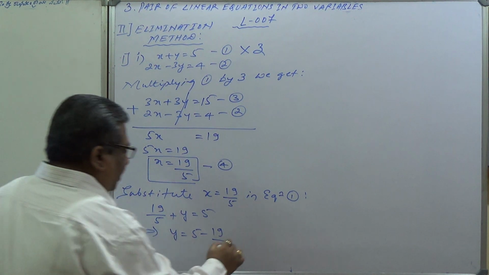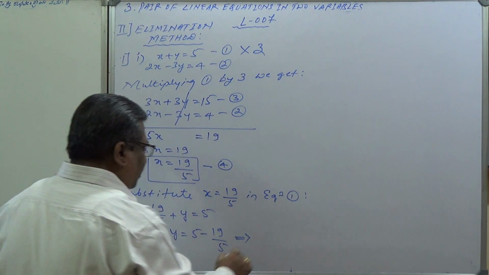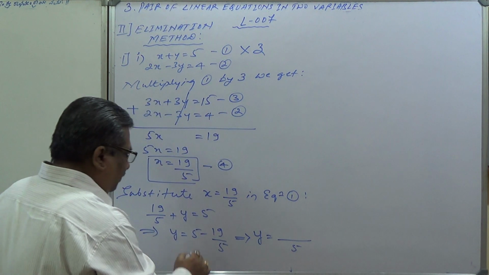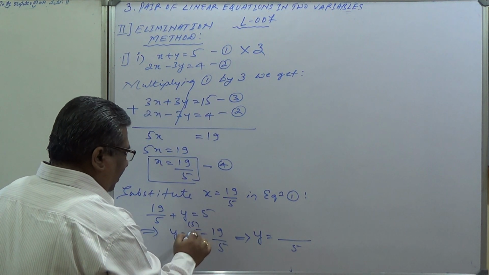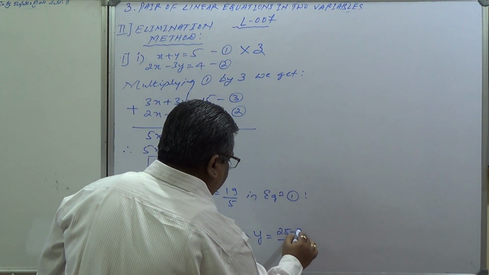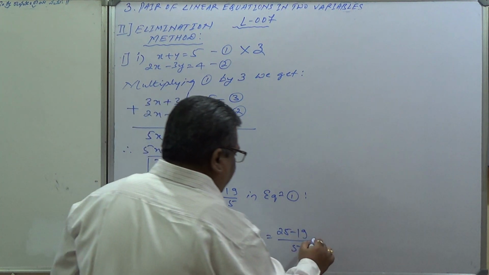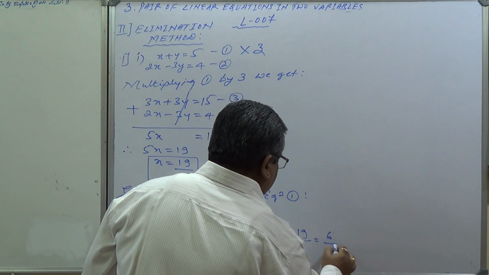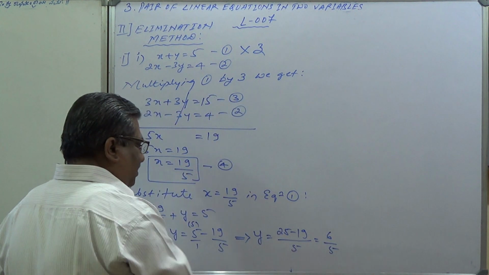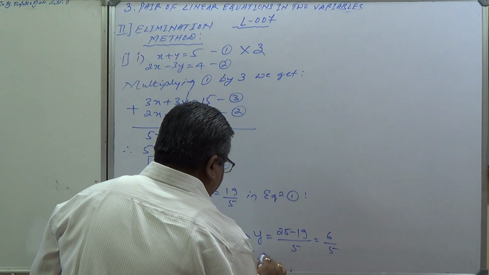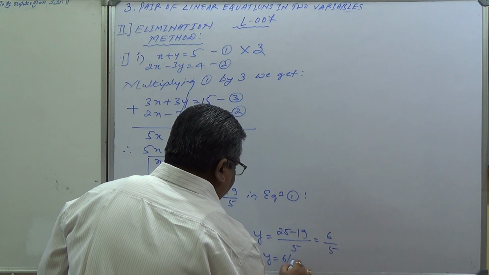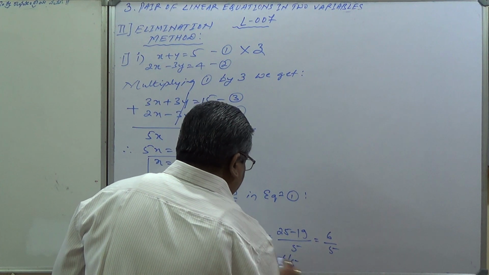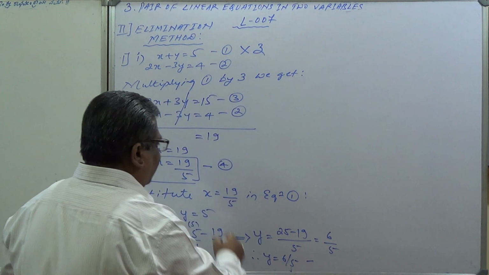This implies y equals, take LCM as 5, 5 5s are 25 minus 19 by 5, which is equal to 6 by 5. Therefore, y equals 6 by 5. Tag this as equation number 5.